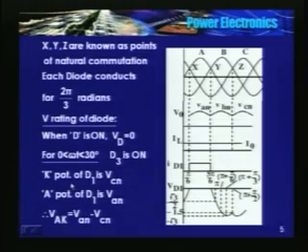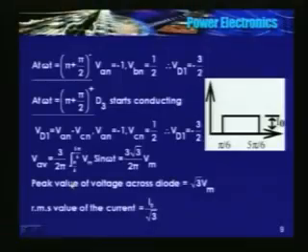So what conclusions can we draw now? Conclusions are: each diode conducts for 120 degrees. The peak value of the voltage appearing across the diode is √3 times the peak value of the phase voltage, or √3 times the √3 per unit.